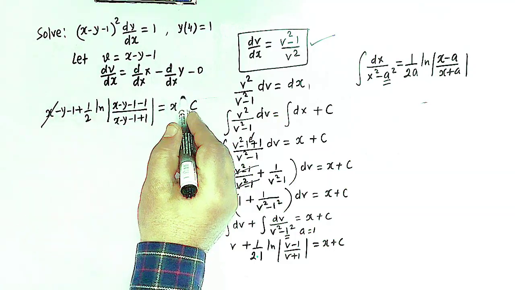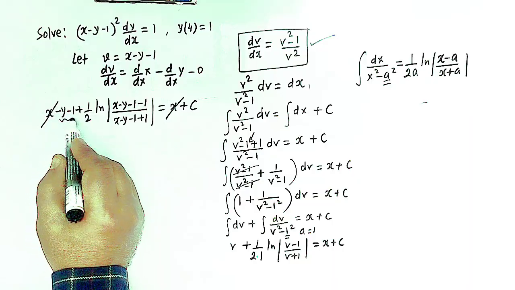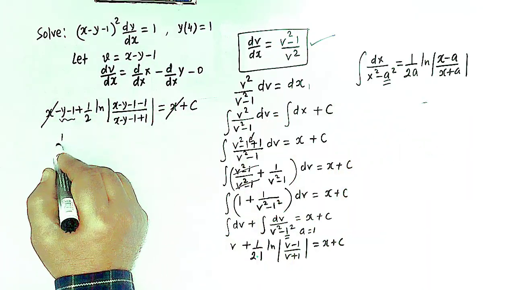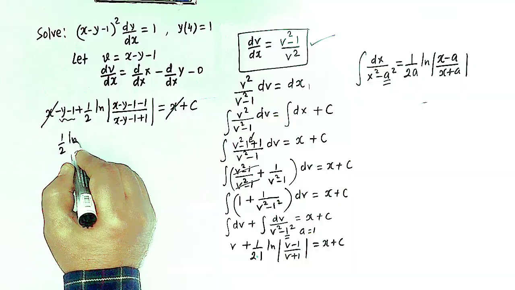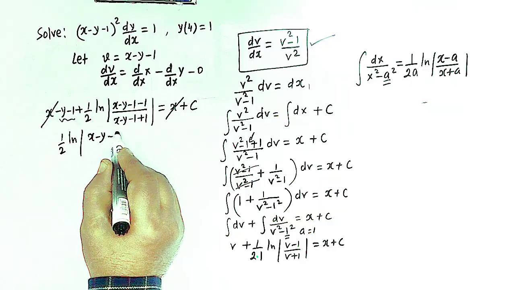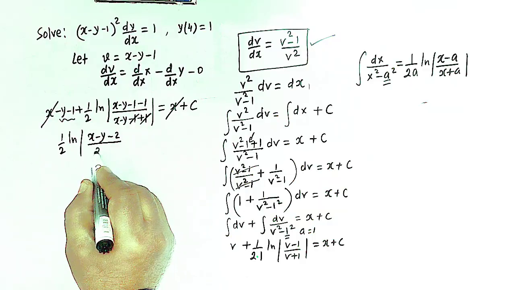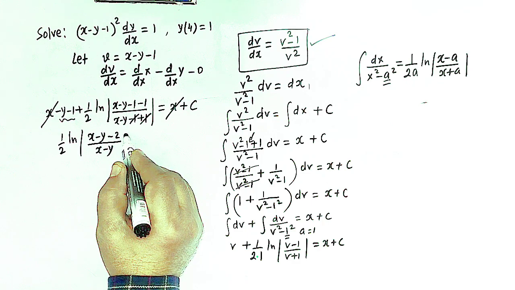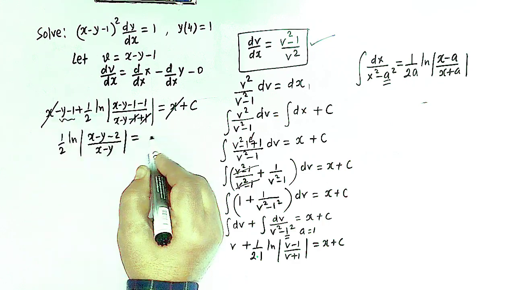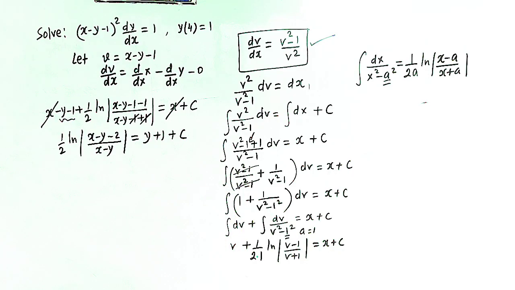Now this x and this x get cancelled, and we can take these two terms to the right hand side. So here we have simply half and log of x minus y minus 2, and here 1 and minus 1 get cancelled. Here we have simply x minus y, and here we have y plus 1 plus c, right?